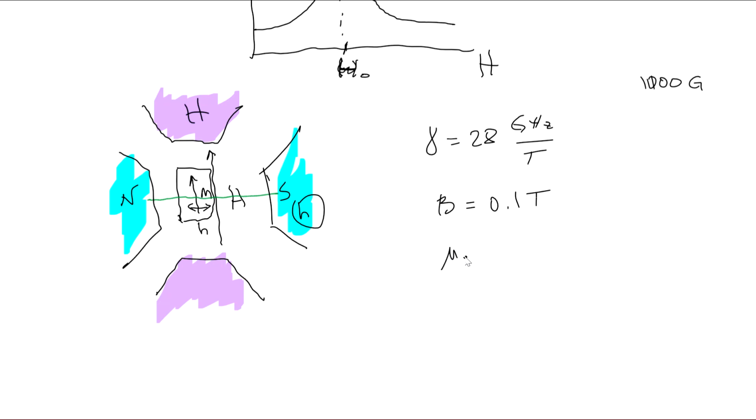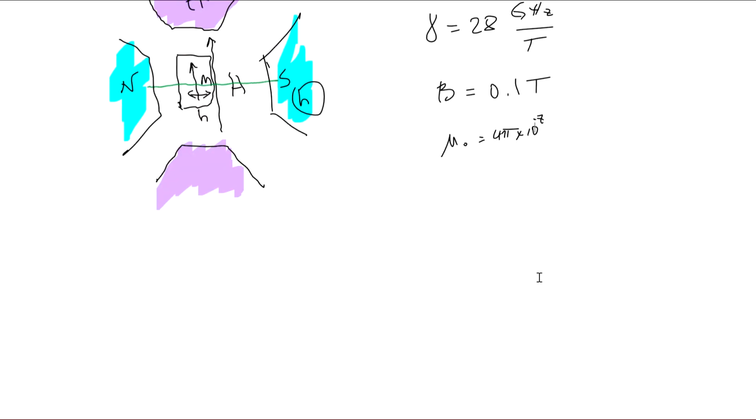Mu naught is 4 pi times 10 to the negative 7. So if you put these together, or we can use CGS units. The beauty of CGS units is we don't need that.